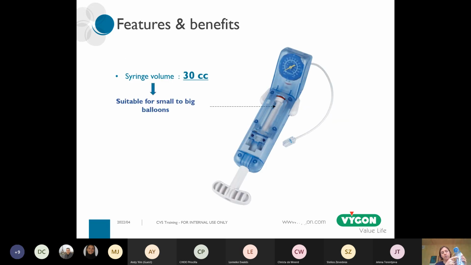You have a syringe volume of 30 cc, which is suitable for small to big balloons. And this syringe is transparent, so it is easy to remove the bubbles.